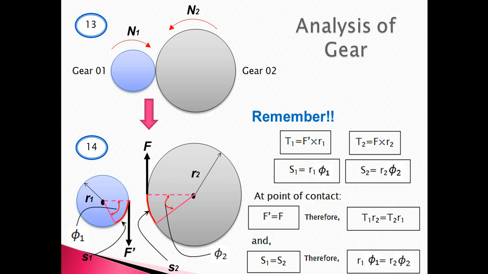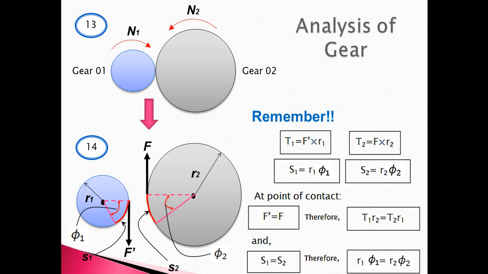The free body diagram in picture 14 shows the reaction forces F and F prime at the contact point. Based on this picture, the equation for torque for gear 1 can be written as T1 is equal to F prime multiplied by R1. Similarly for gear 2, the torque T2 is equal to F multiplied by R2. Also shown in picture 14, the arc length S1 is equal to the arc length S2. Please note that the angles of twist of gear 1 and gear 2, however, are not the same.